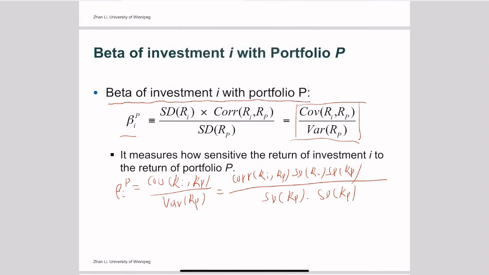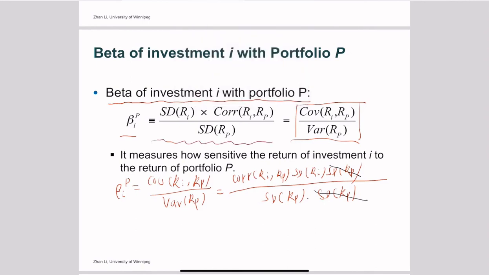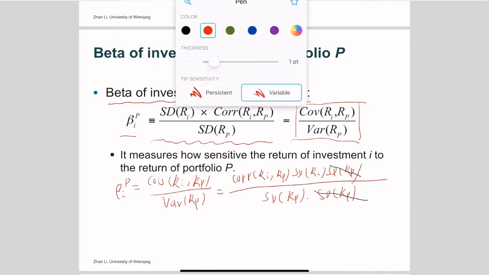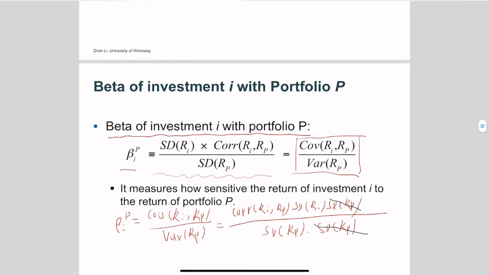That is, you could basically cancel out standard deviation of RP and standard deviation of RP. So what's left is this term, right? So it's the standard deviation of investment I's return times the correlation between investment I's return and portfolio P's return, divided by the standard deviation of portfolio P's return. Obviously, you could have both ways to calculate beta. So both are correct.